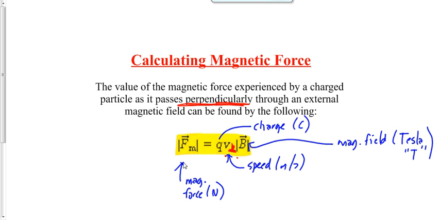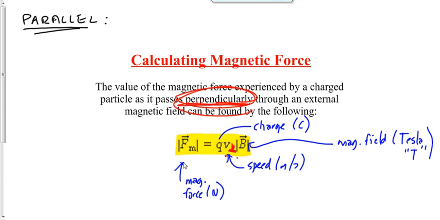That's not quite true, actually. If they're perpendicular, we can do this in addition to the hand rule for deflection. If they're parallel, in other words, the charged particle is moving that way, the magnetic field is that way, or the charged particle is that way, the magnetic field is that way, parallel to each other, it's even easier.